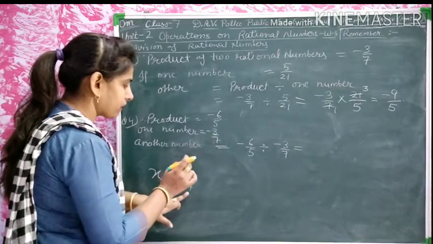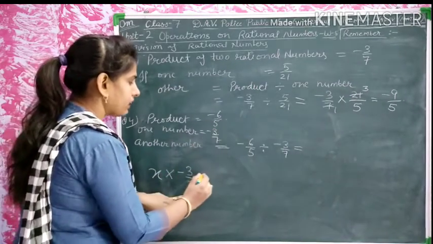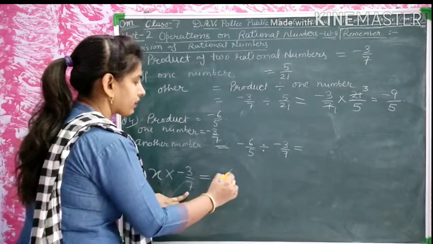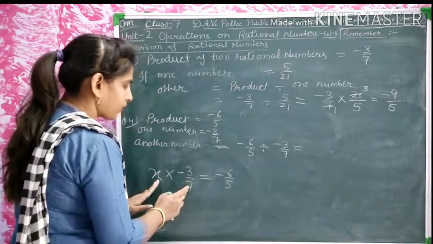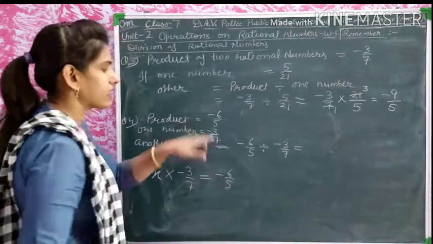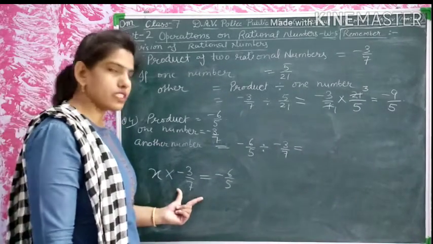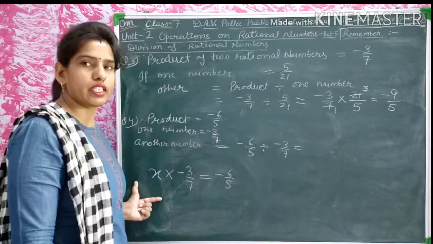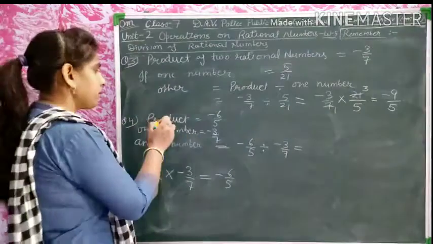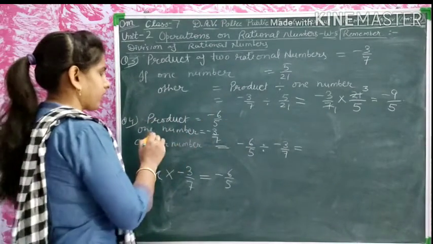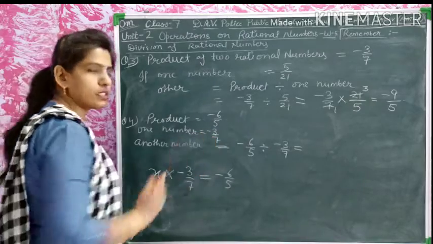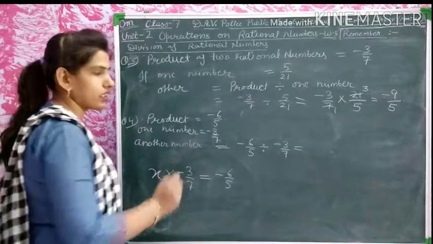We will get this product equal to minus 6 by 5. It means the product is given and one number is given. We have to find the other number. Is this clear? Same, the product is equal to minus 6 by 5, one number is equal to minus 3 by 7, and we have to find the other number.